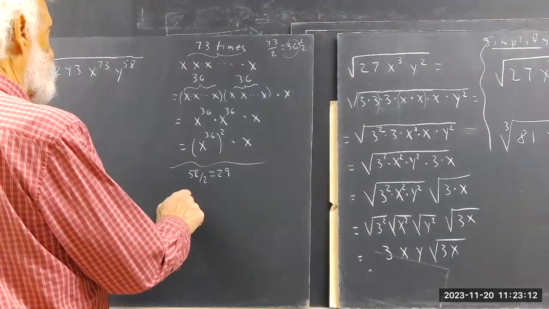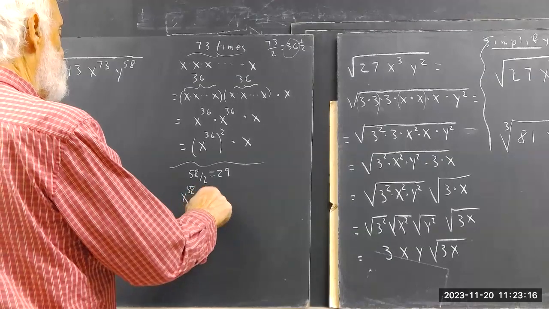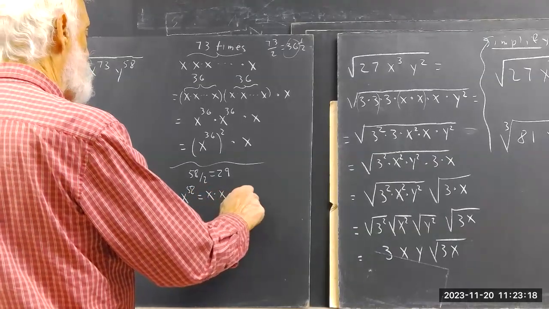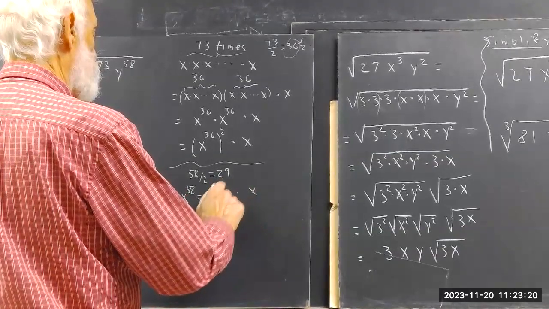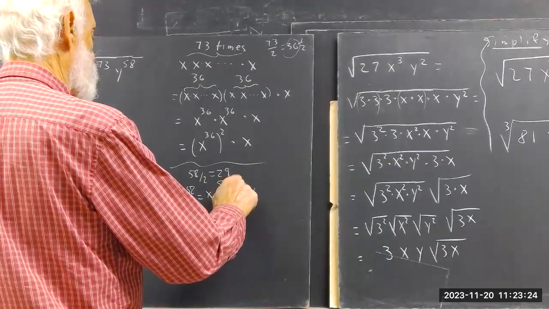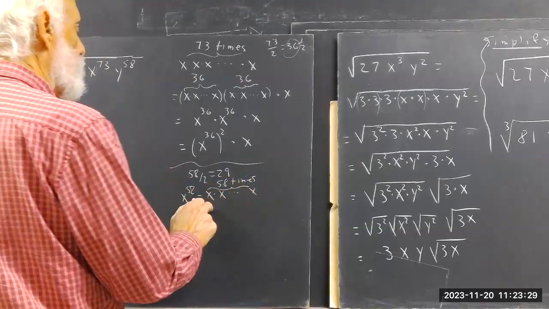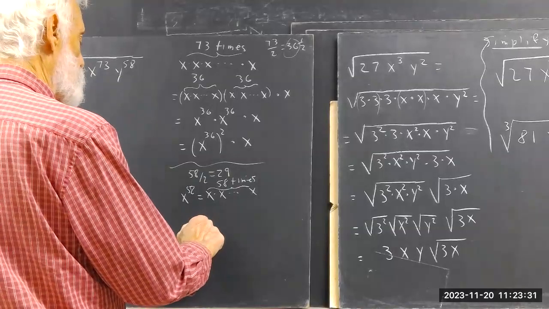So x to the 58 is a string of x's 58 long.